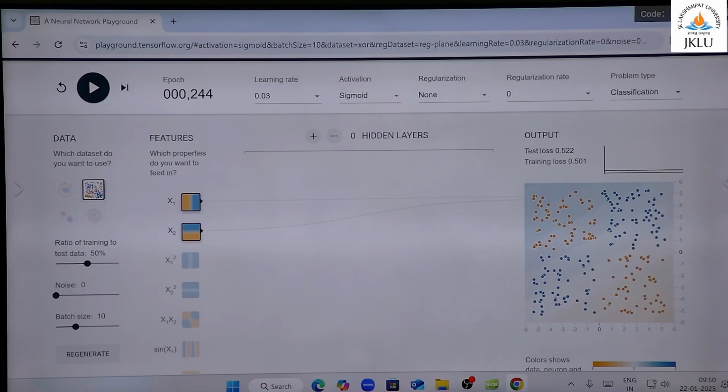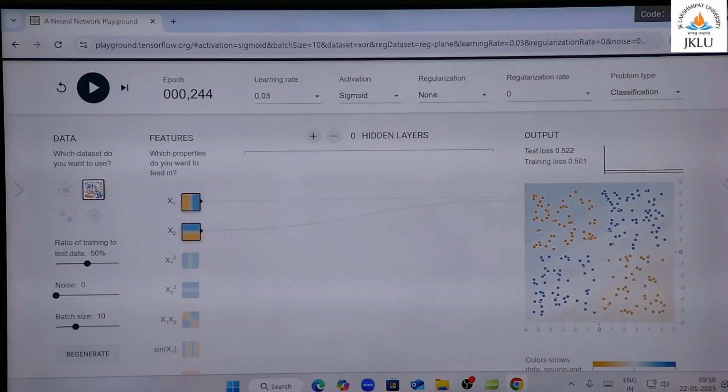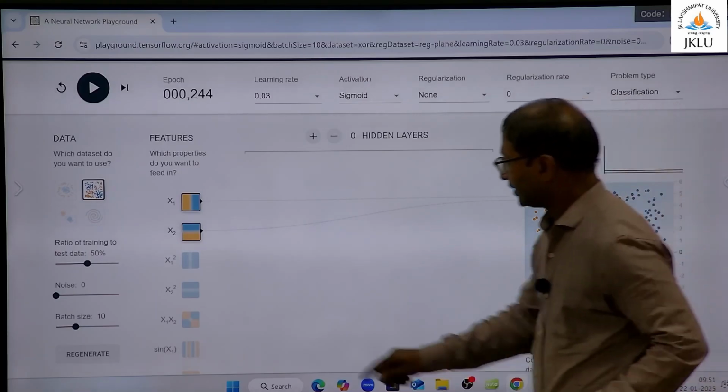So what does this mean? What does this mean? जल्दी बताओ. What do you think will separate this data? I don't know what are hidden layers. Yes. Feature बढ़ा दूँ? All right.